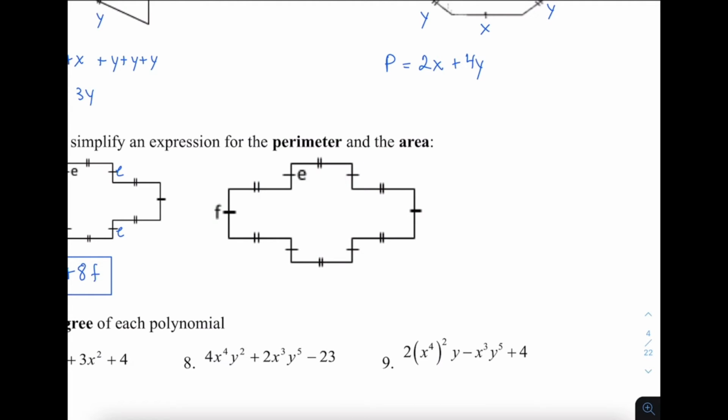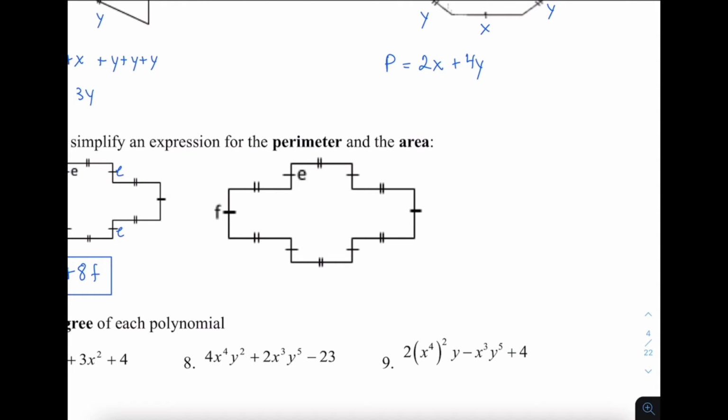But what I would like us to do is separate this into 3 rectangles. So I'm going to make this one here one giant rectangle, and I'm going to cut the other 2 areas into 2 smaller rectangles.